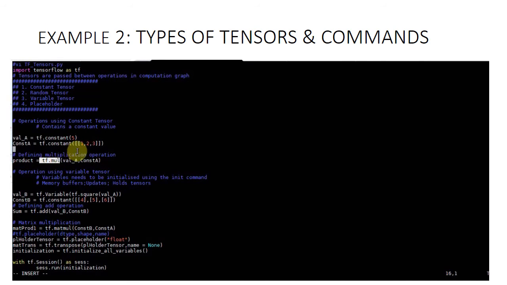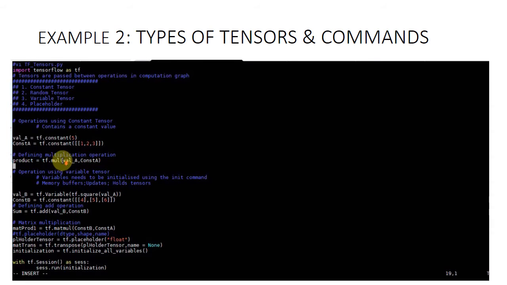That means it takes care of the multiplication operation. For the node product, I have defined the operation as multiplication, and multiplication is done between value_a and const_a. These two are constant tensors and I'm doing a multiplication operation here.